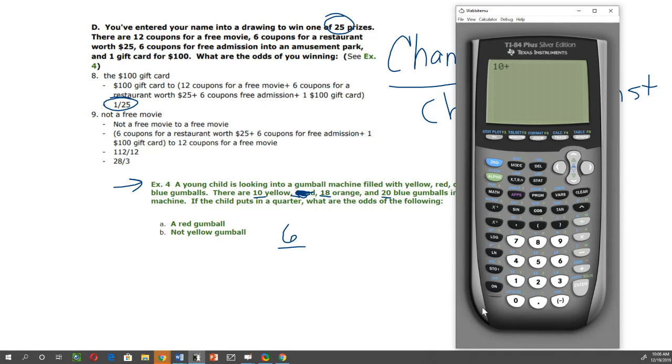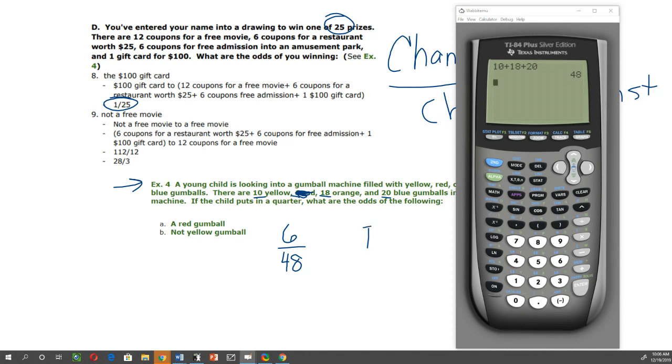I'm adding up 18. And I'm adding up 20. So that's a total of 48. So the odds in favor of a red gumball are 6 to 48. That's what the odds is for over against.